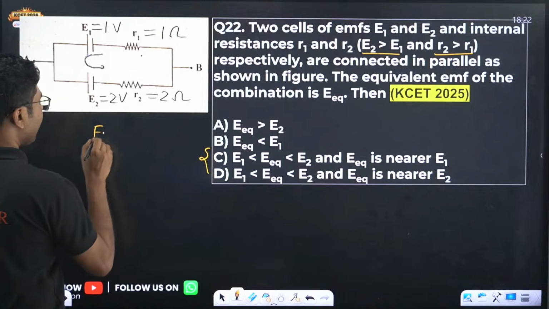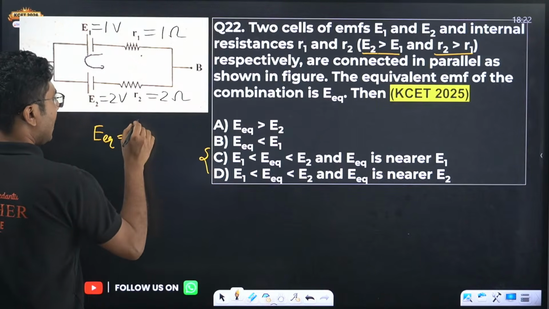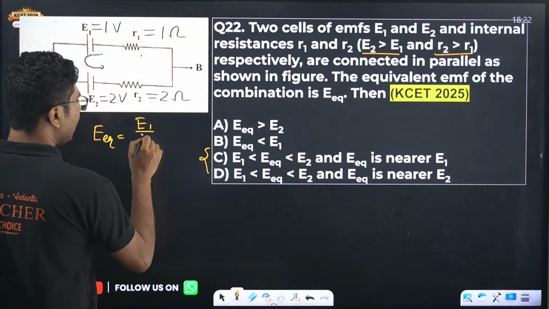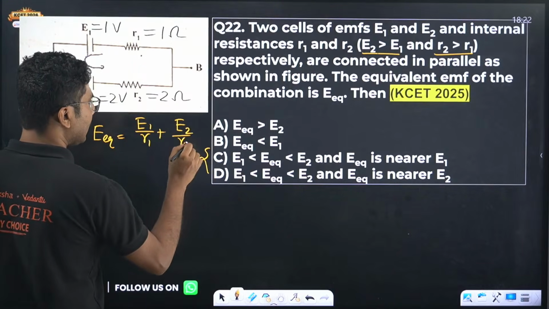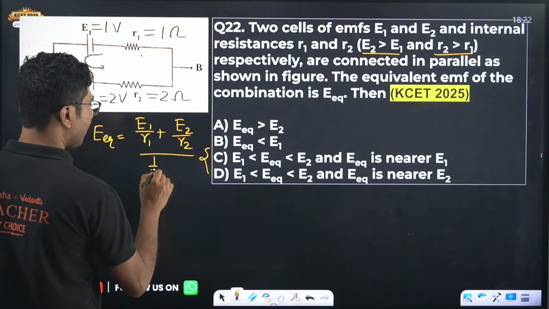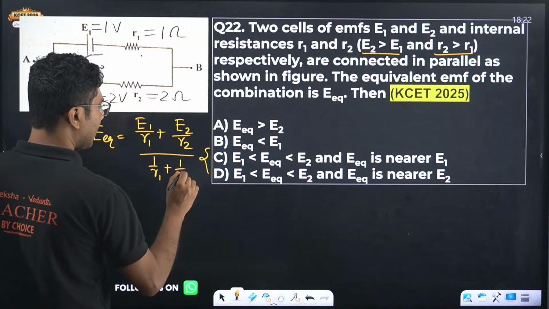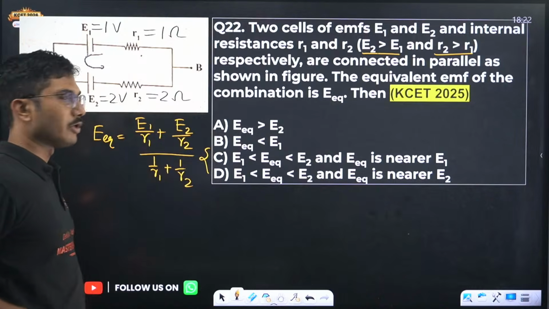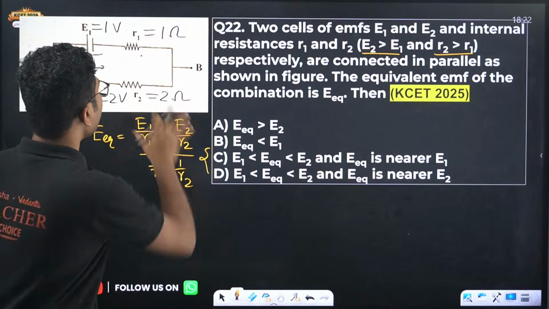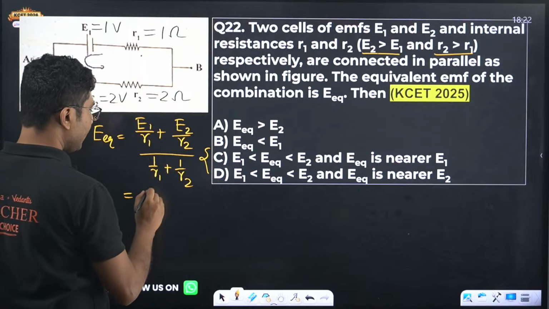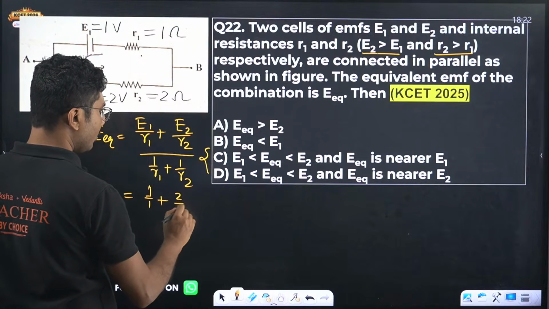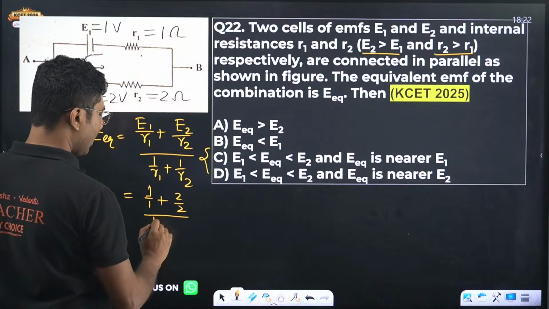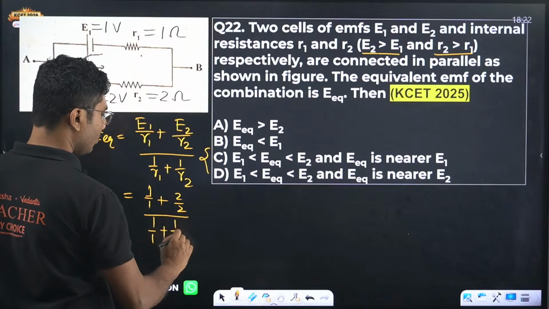What is the equivalent EMF? I don't know which formula you use, but I like to use this formula: E1 by R1 plus E2 by R2, divided by 1 by R1 plus 1 by R2. This is a very easy formula to remember. Now put in all the values that we imagined: 1 by 1 plus 2 by 2, divided by 1 by 1 plus 1 by 2.